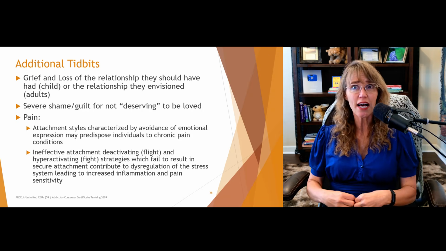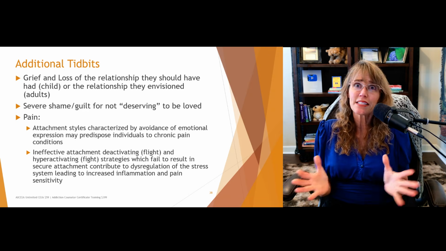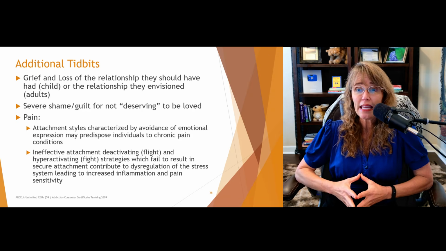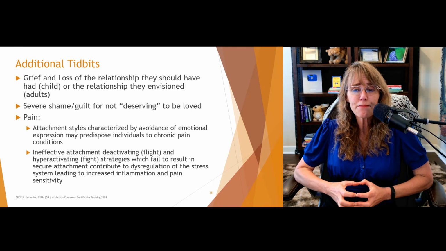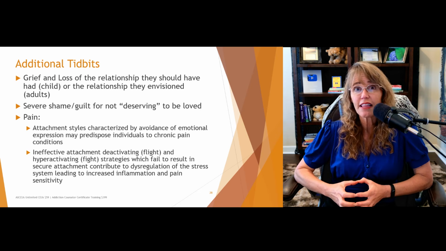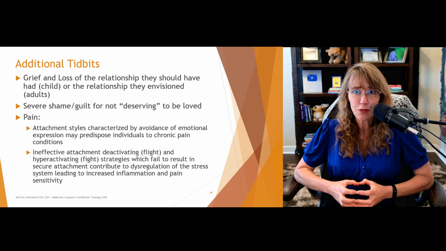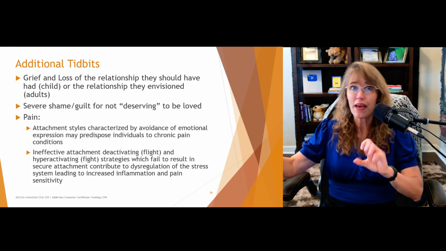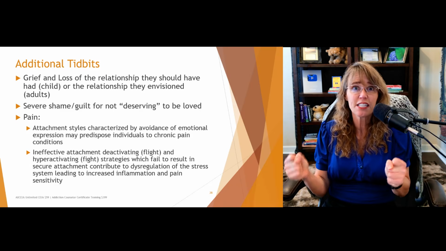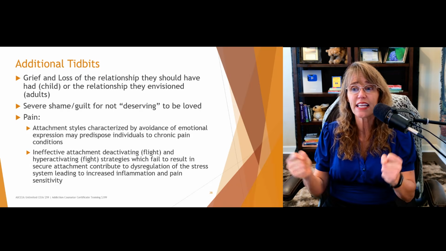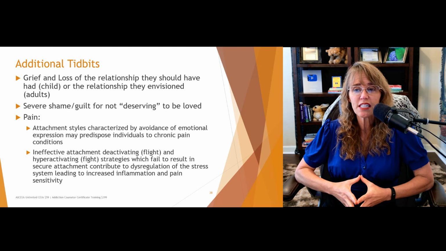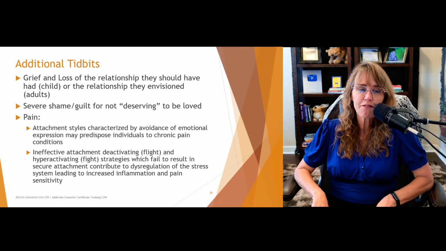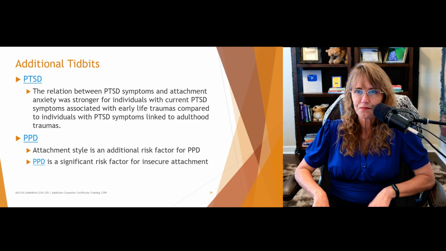If you internalize things, it's going to come out somewhere, and generally that's in pain. Ineffective attachment deactivating and hyperactivating strategies that fail to result in secure attachment. So if I'm trying to make it work and it's not working, and I'm still feeling scared, I'm still feeling anxious, that contributes to dysregulation of the stress system, which leads to increased inflammation and pain.